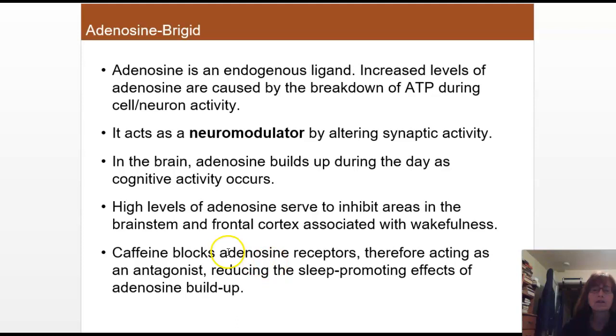Caffeine goes in and blocks those adenosine receptors, and therefore acts as an antagonist. So caffeine would be exogenous, right? Because we ingest that. That's not what the body makes. It comes in and blocks these receptors and reduces those sleep-promoting effects of adenosine building up.